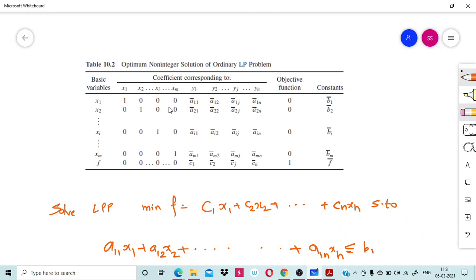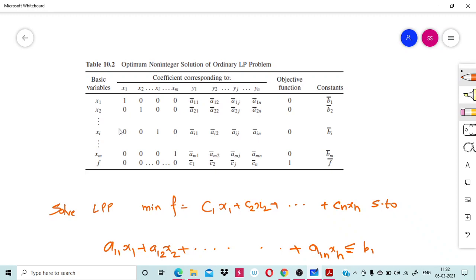After the successful completion of the simplex method, what you will get is that all the f row entries are positive; only then will we stop the simplex method, right?